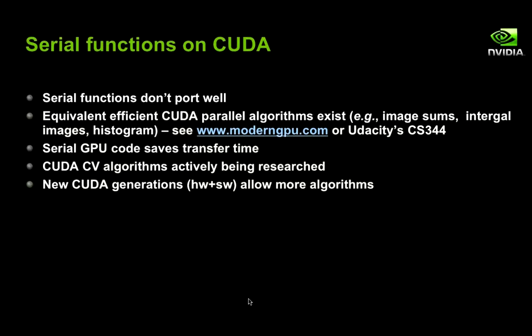And like I said, this field of porting computer vision algorithms to parallel architectures is very rapidly evolving, and there's a lot of research being done continuously. Also, as new generations of GPU hardware and CUDA drivers evolve, more and more algorithms become available on the GPU architecture, and more computer vision algorithms can be ported over efficiently.